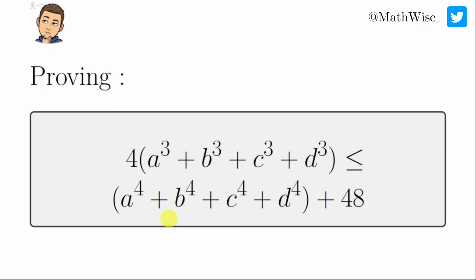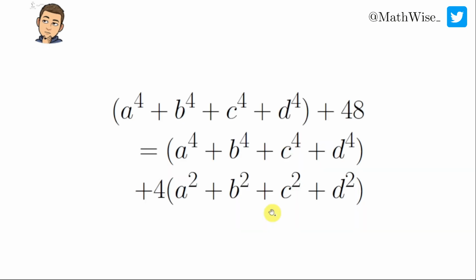So here we have on the left hand side powers of 3 and the right hand side powers of 4. Now we have plus 48 here. Now can we make this something in terms of the powers of 2 and powers of 1? We might want to use AM-GM here.